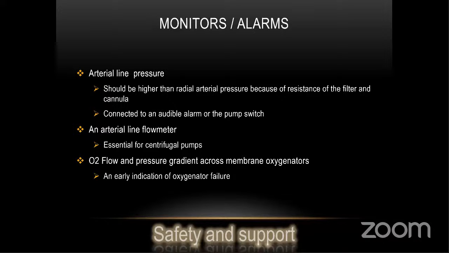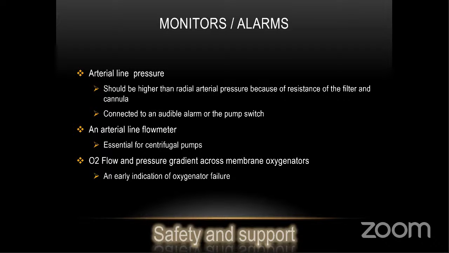So many monitors or alarm systems are applied to the cardiopulmonary bypass system. The first one is arterial line pressure. That is between the pump and arterial line filter, which monitors the pressure continuously, and the pressure should be higher than radial arterial pressure because of the resistance of the filter and the cannula.